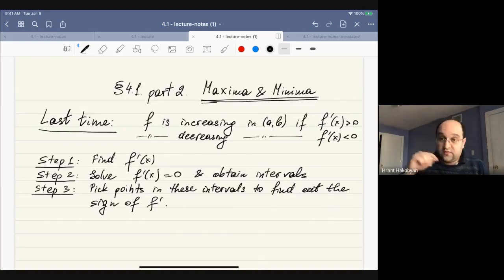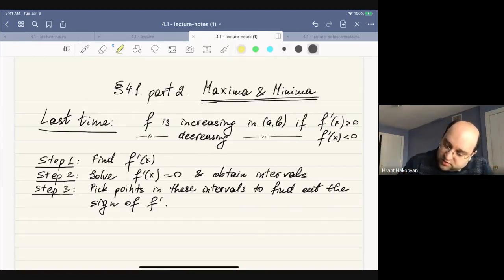So in each interval, you just pick one point. If it's positive at that point, that means the function is increasing in the whole interval. If it's negative, it means it's decreasing in the whole interval. Let me just emphasize, as usual, f is increasing means the derivative is positive. F is decreasing means that the derivative is negative.